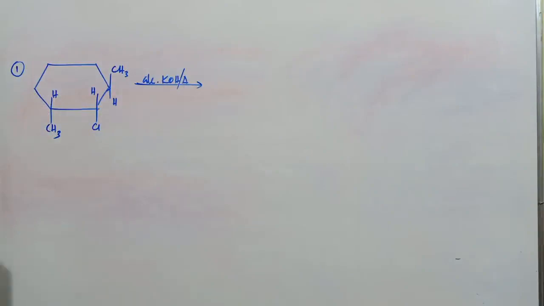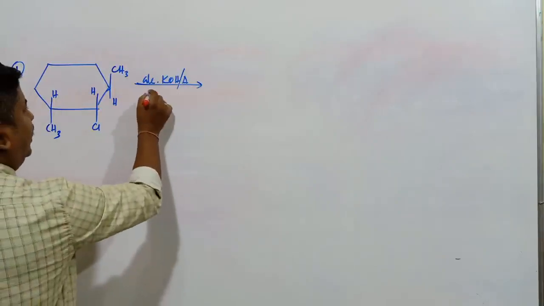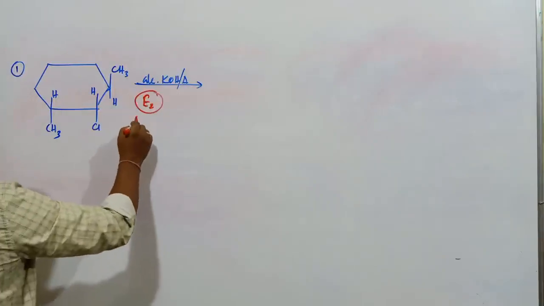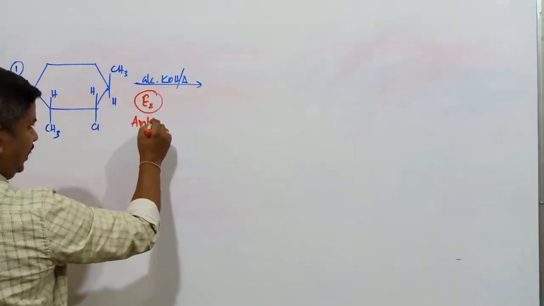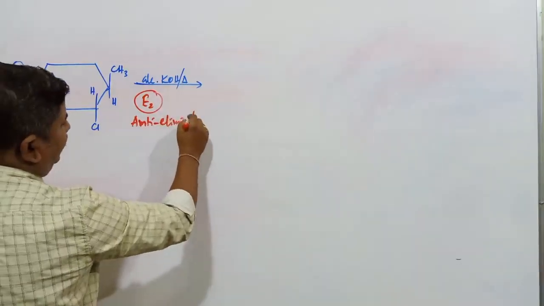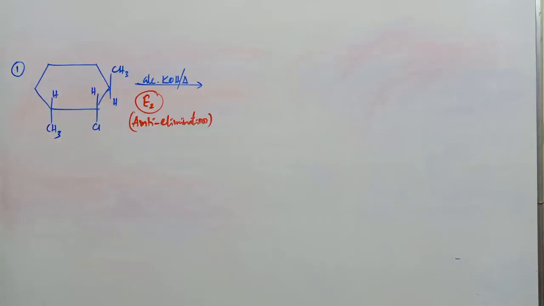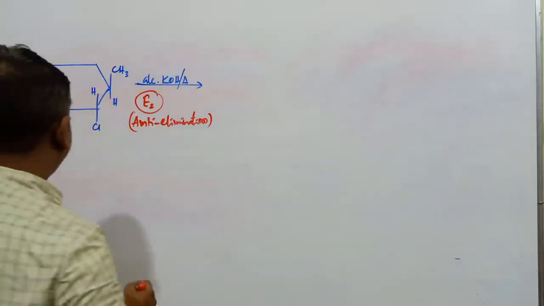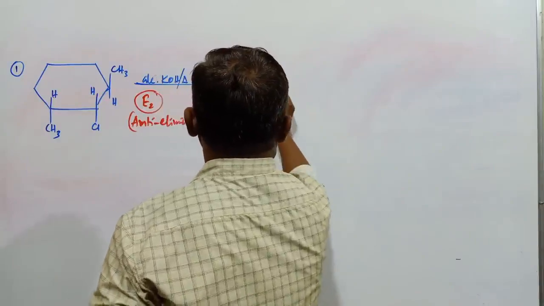As it is going to follow the E2 mechanism because of the strong base, and as already mentioned, the E2 reaction takes place through anti-elimination. With respect to anti-elimination, we just need to identify the correct product.